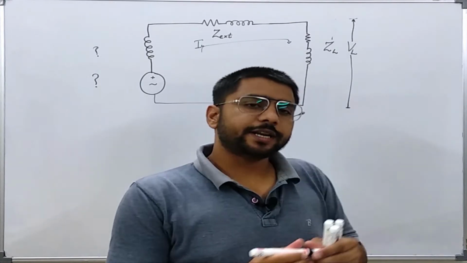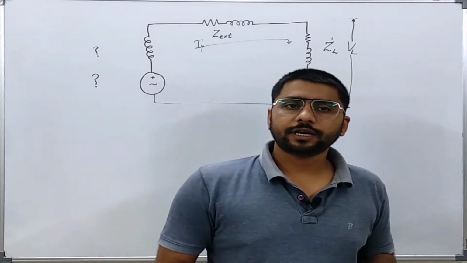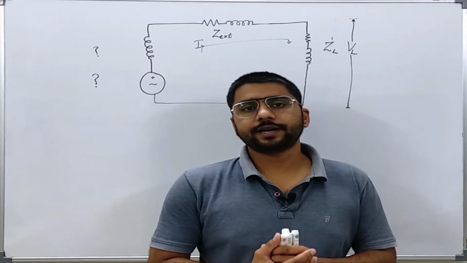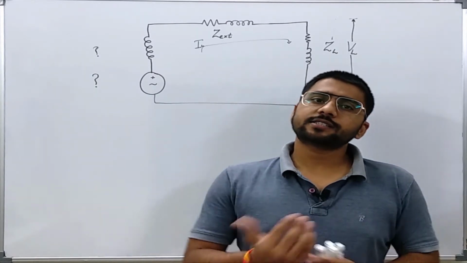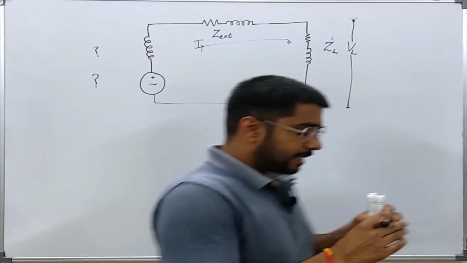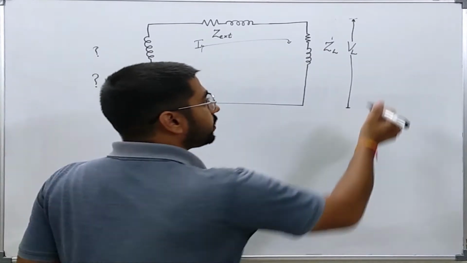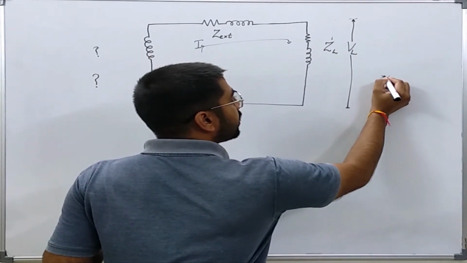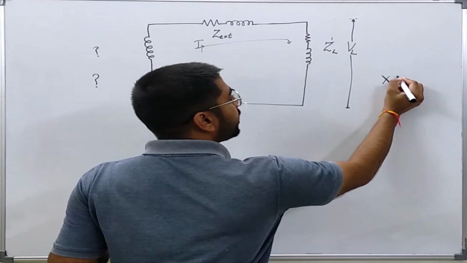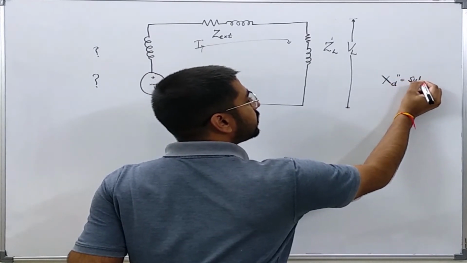Now, we have seen in our previous lectures that whenever there is some fault on the terminals of a synchronous generator, the reactances offered by the generator are changed. The reactance first offered just on the initiation of the fault is XD double prime, or the sub-transient reactance.